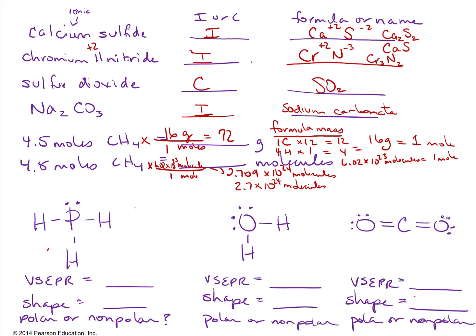Okay, so these last ones are looking at shapes and we're thinking about polarity. So in this one, PH3, you see that it's a covalent molecule, phosphorus and hydrogen, nonmetals that are there. So what's its ABN? That's the VSEPR. What would be its ABN?